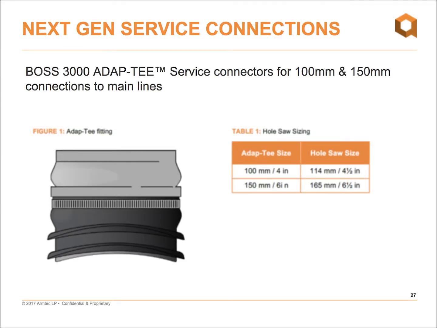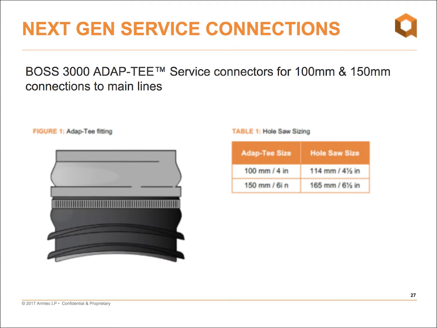So we've partnered with a Canadian company that is expert in the development of insertion saddles, and we're bringing to market the Boss 3000 Adaptee that has been specifically designed to adapt to our Boss 3000 pipe's corrugation. Right now, the offering is available in 100 and 150 millimeter for service connections, with larger sizes being developed.